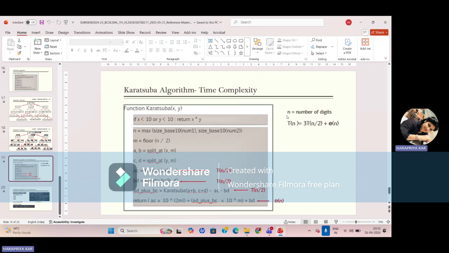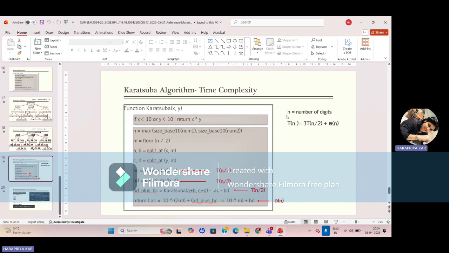In all algorithms we do time complexity analysis. For the Karatsuba algorithm, n is the number of digits. Based on that, T of n is equal to 3T of n by 2 plus theta of n.